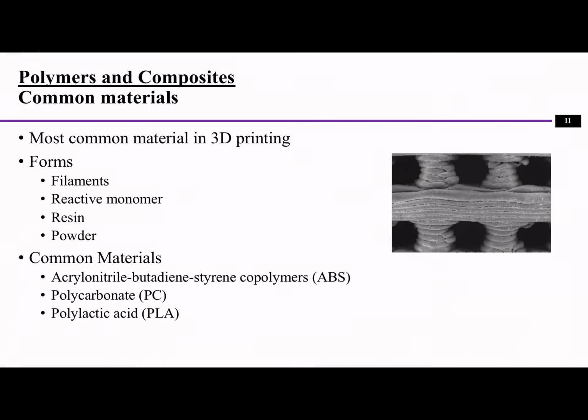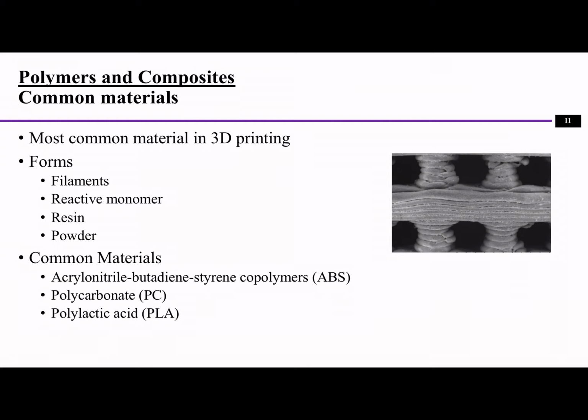Another material that is also used in 3D printing is polymers and their composites. Common polymers that are used are ABS, PC, or PLA. These are some of the names that we hear a lot, and the forms of those materials can be filament.